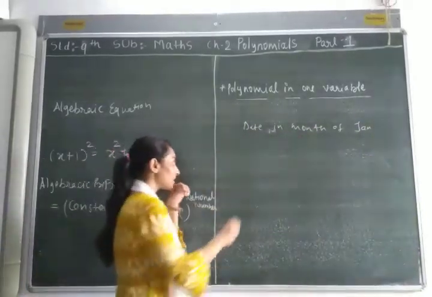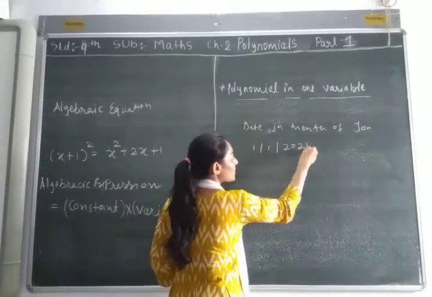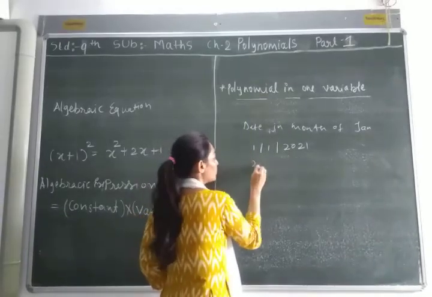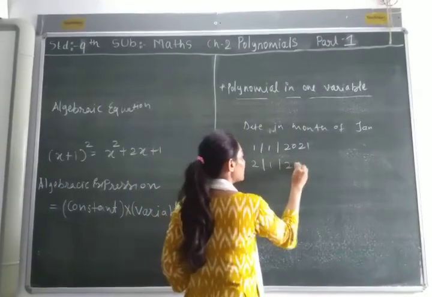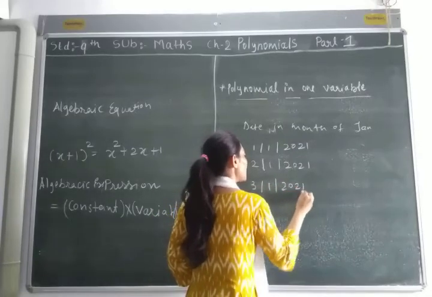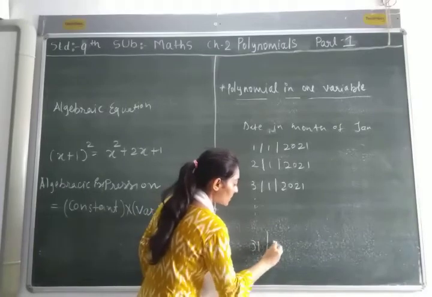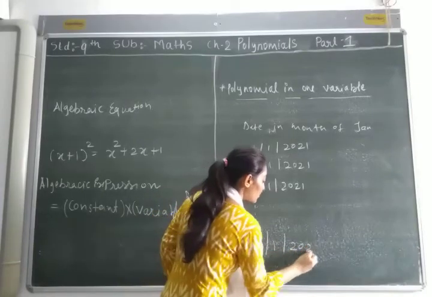Okay, so it starts from 1. Now the year is 2021. Now 2, 1, 2021. 3, 1, 2021, and so on up to 31st 1, 2021.